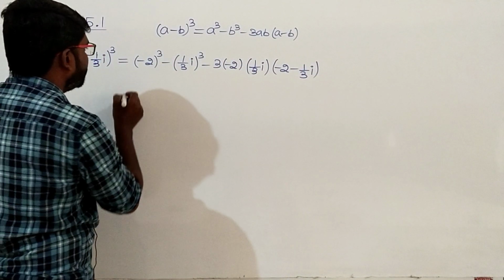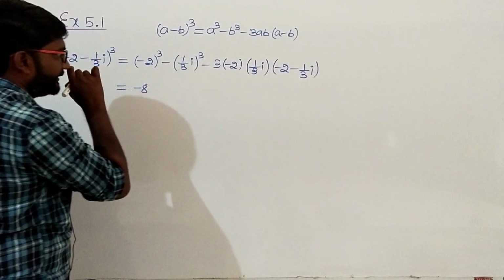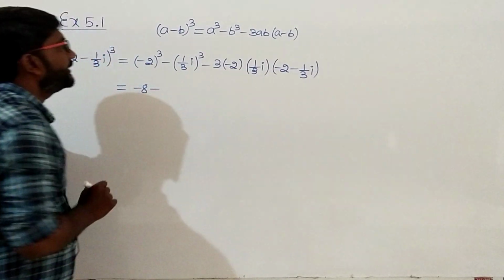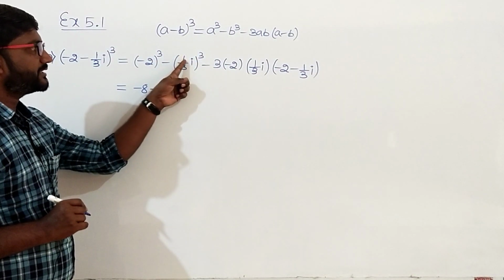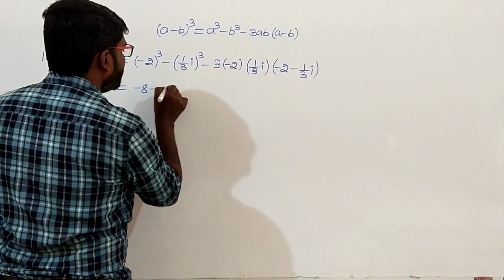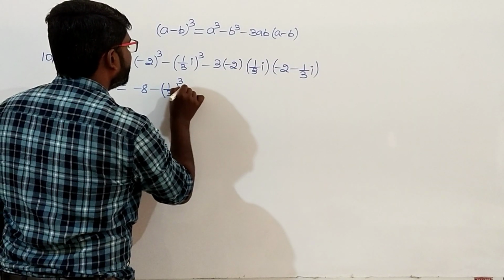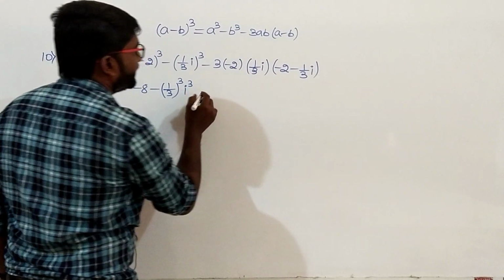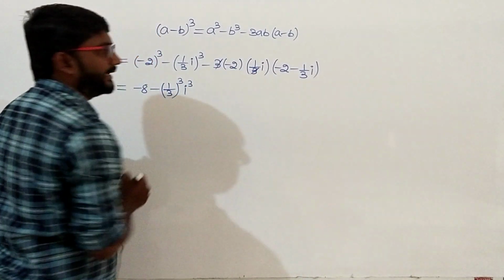So simplify this now. (Minus 2) the whole cube is minus 8. Then minus, write it as it is, (1/3 into i) the whole cube. The cube applies to the first term as well as to the second term: (1/3) the whole cube into i cube. Then here 3 and 3 cancel.